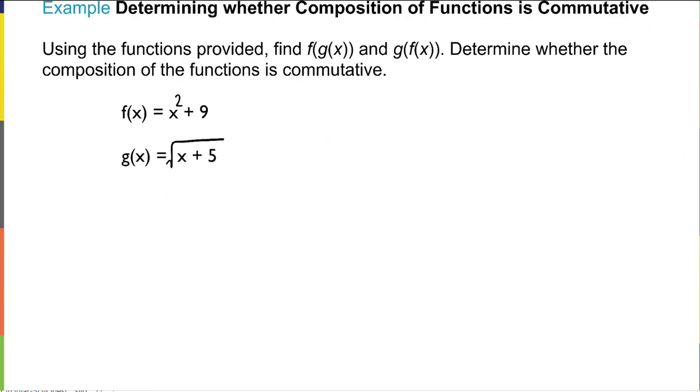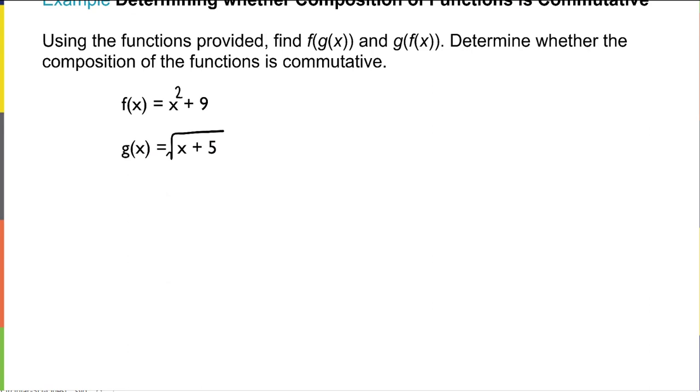Okay, so we have f of x equals x squared plus 9, and g of x is the square root of x plus 5. Let's start by finding f of g of x.